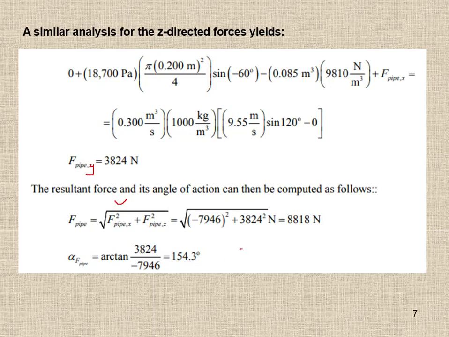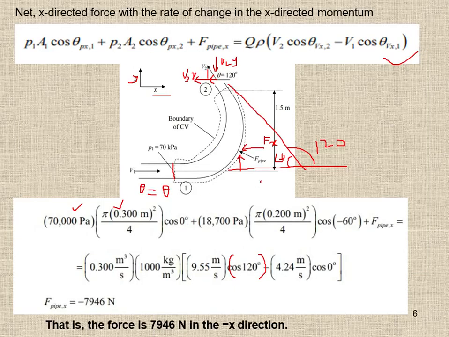So this is going to be the anchoring force. If this is the elbow, the anchoring force is supposed to be like this from the x-axis, so this is going to be 154.